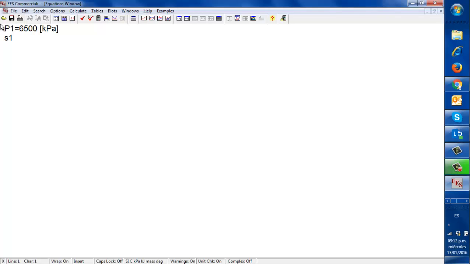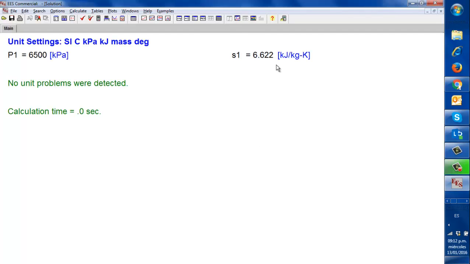S1 equals 6.6223, and I will say it's kilojoule per kilogram Kelvin. If I press F2, it recognizes that it's kilogram Kelvin. Okay?